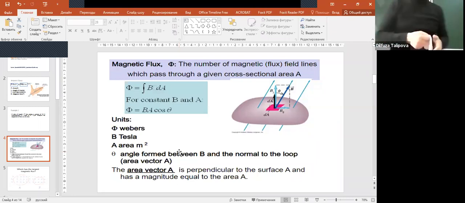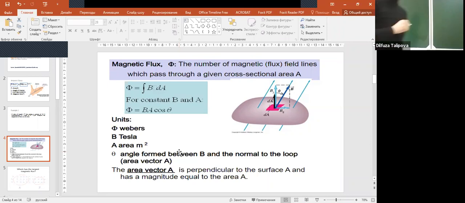So magnetic flux is denoted by phi B, okay? And the unit of magnetic flux is Webers, just W and b.